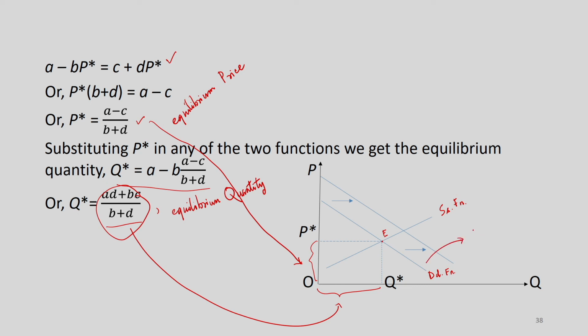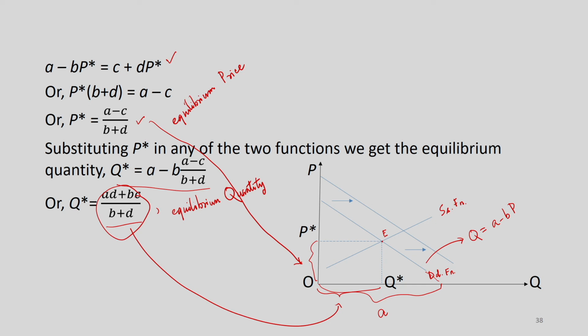It was given by Q is equal to A minus B P. As we know, A is the intercept: if P is equal to 0, then Q is equal to A. So, basically this is A, because along the horizontal axis your P value is always 0.